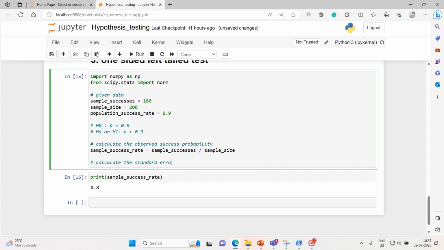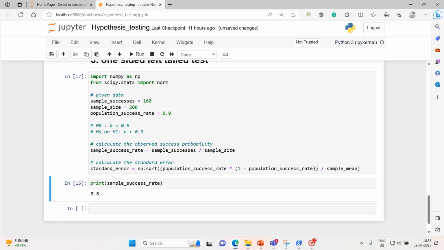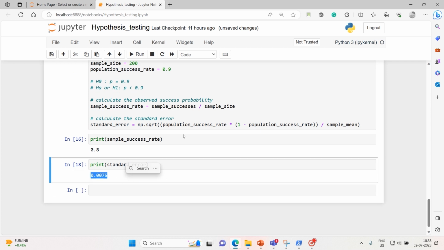So standard error is equal to np.sqrt of population success rate times 1 minus population success rate, divided by sample size, and that's our standard error. If you want to see it, it's 0.075.